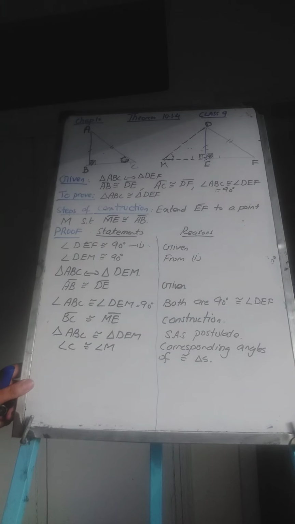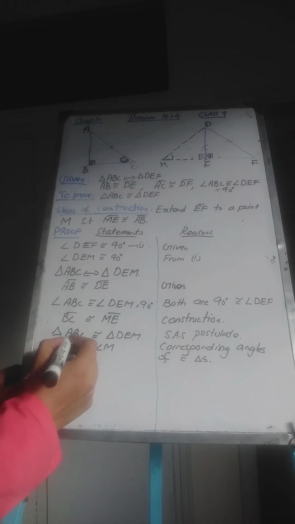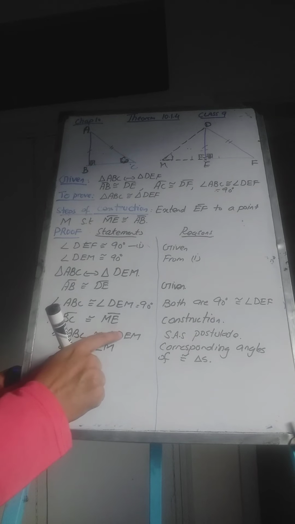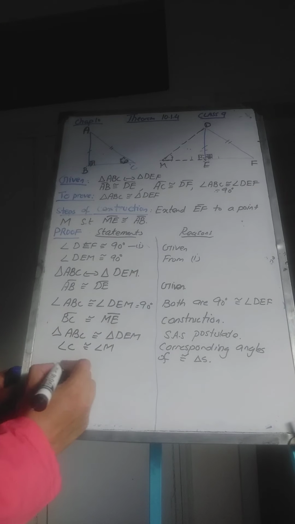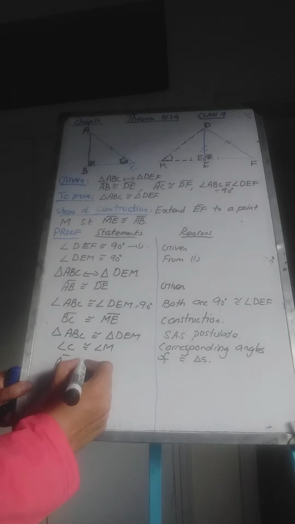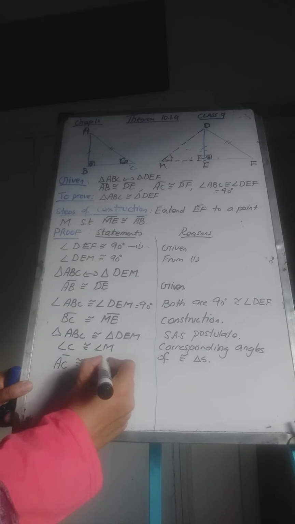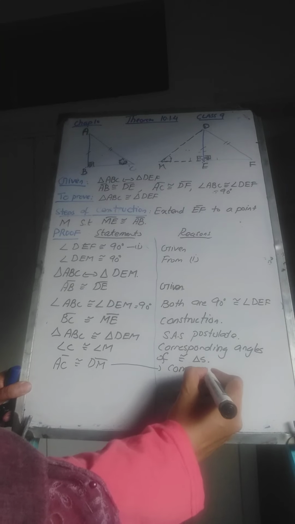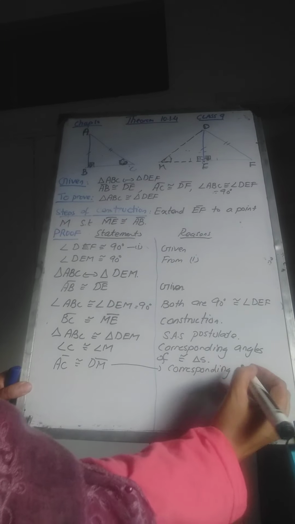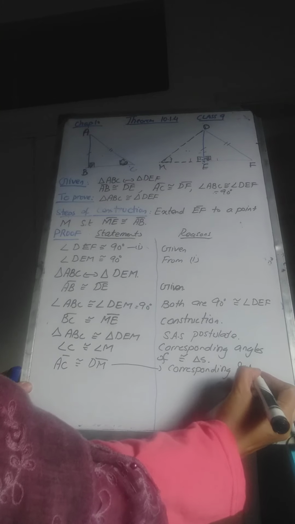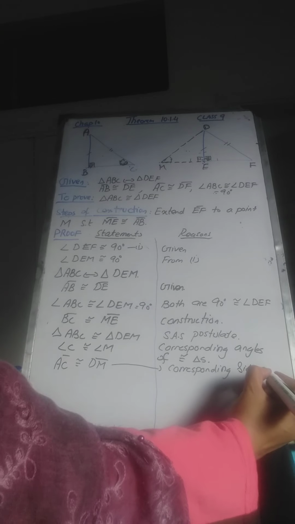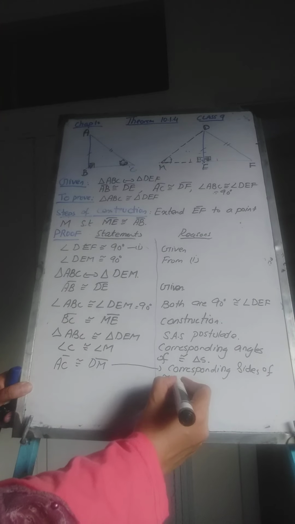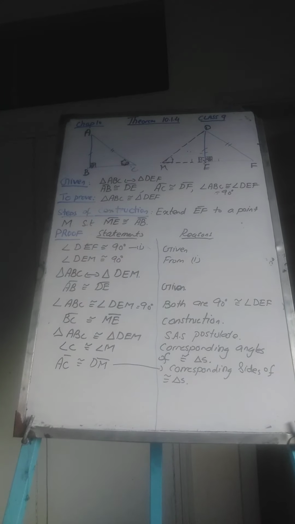Similarly, the side AC will be congruent to DM. Side AC is corresponding to side DM. So the side AC will be congruent to side DM. This is because of the corresponding sides of congruent triangles.